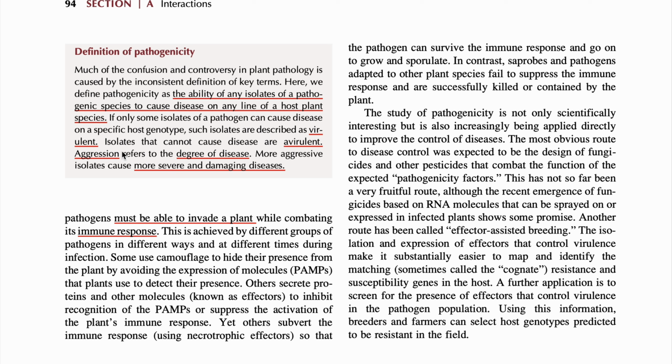So even after having the ability to cause disease, some pathogens have more aggression than others. Aggression refers to the degree of disease. More aggressive isolates cause more severe and damaging diseases. I hope it's clear.